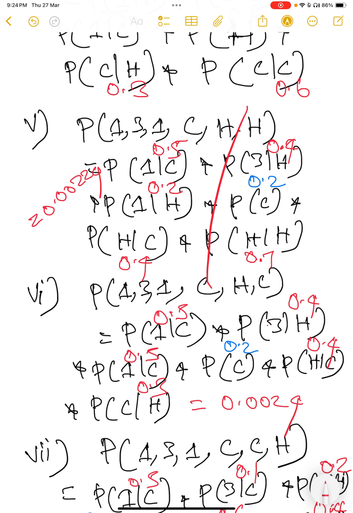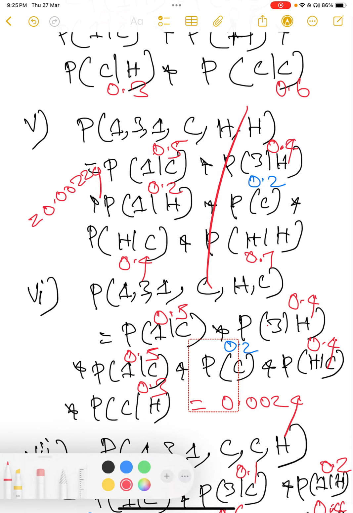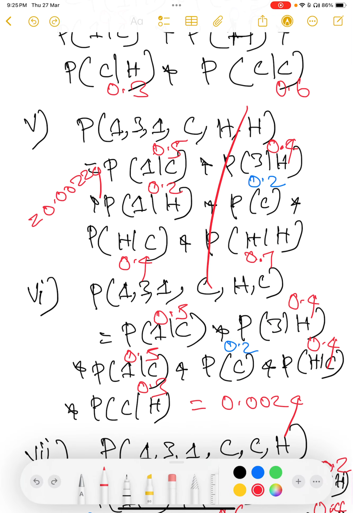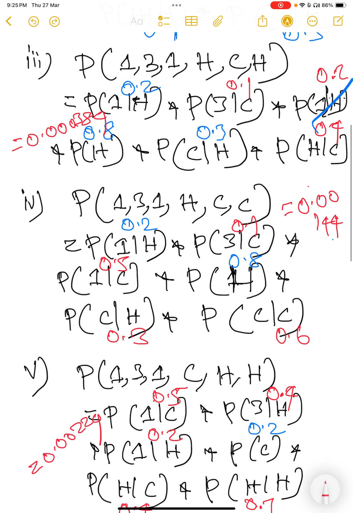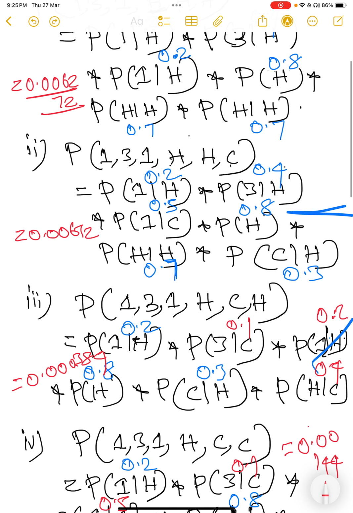To find the maximum of this, 0.00024 is also not there, 0.00144 is also not there. 0.00672, so it should be HHC.